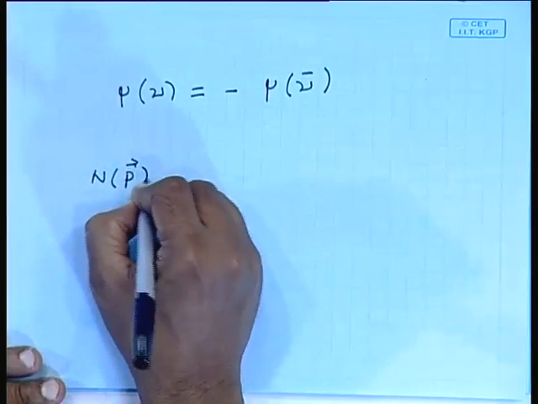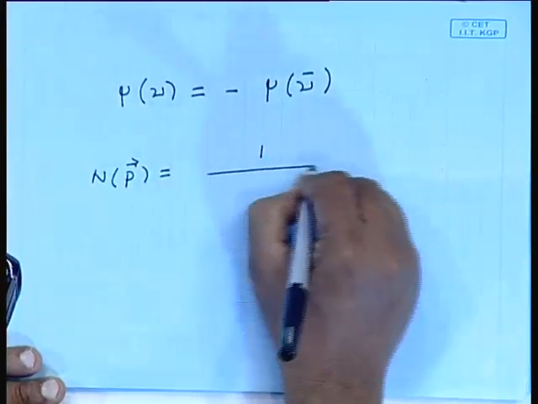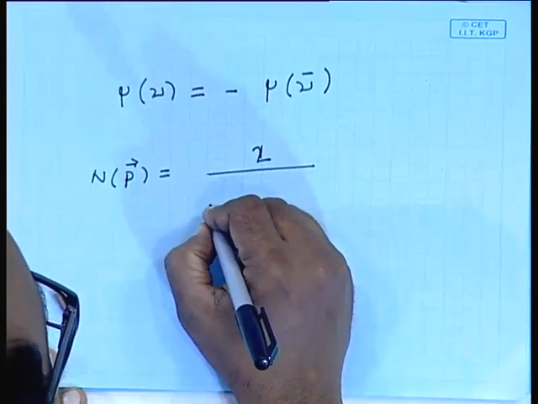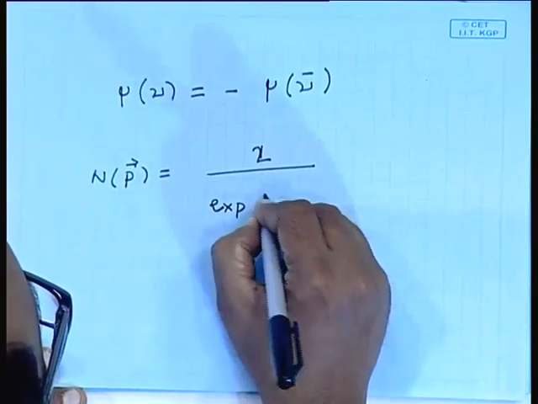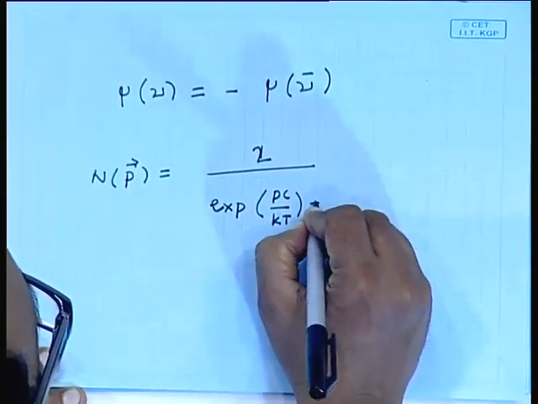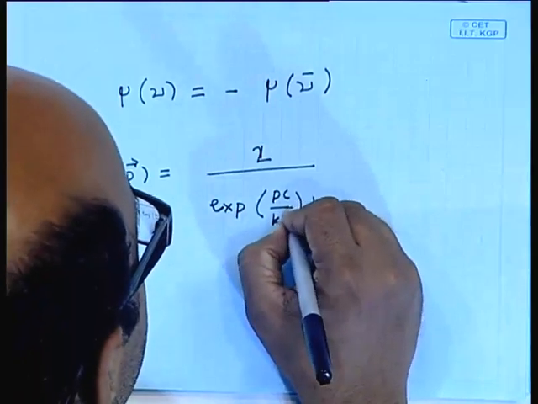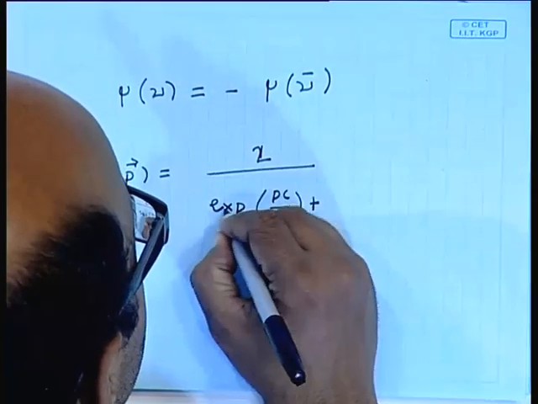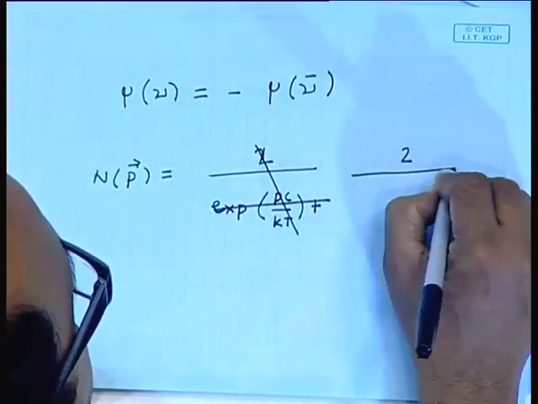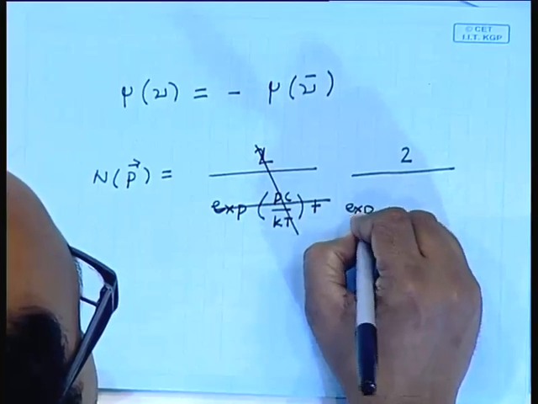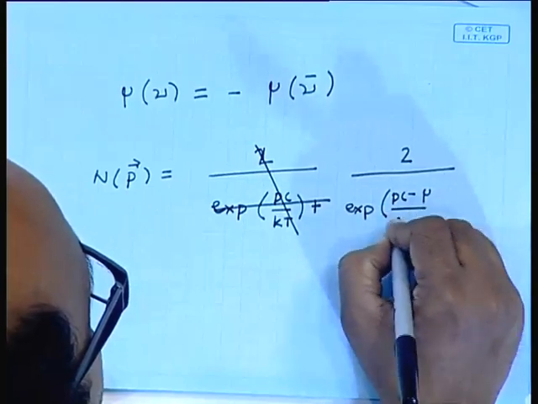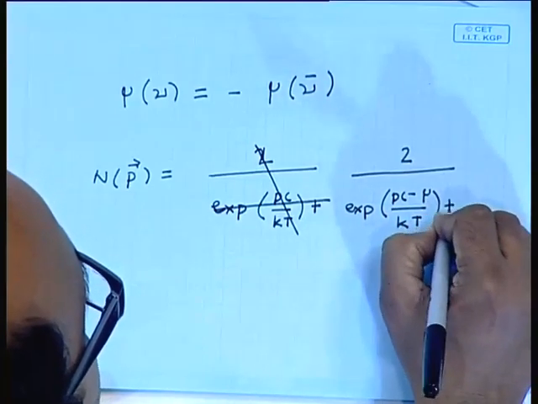Now, the distribution function for the neutrinos, assuming that they are relativistic, is of this form. There is a factor of 2 because we have assumed 2 polarizations for the neutrinos. So it will be 1 over exponential of (pc minus mu) by kT, plus 1.